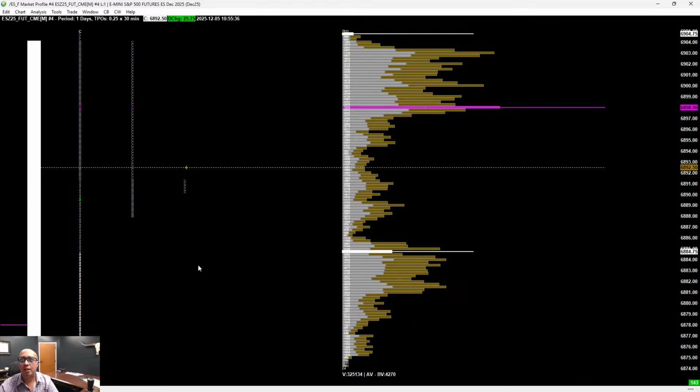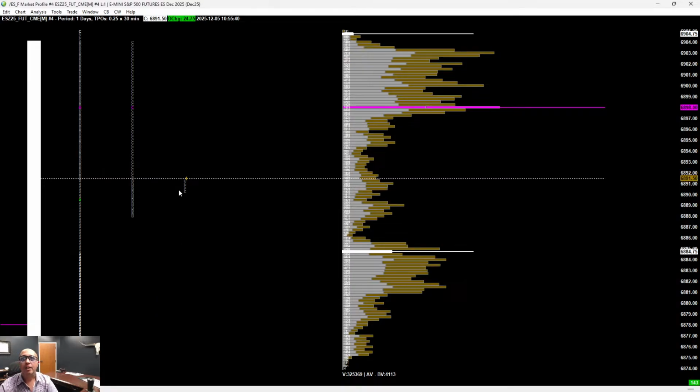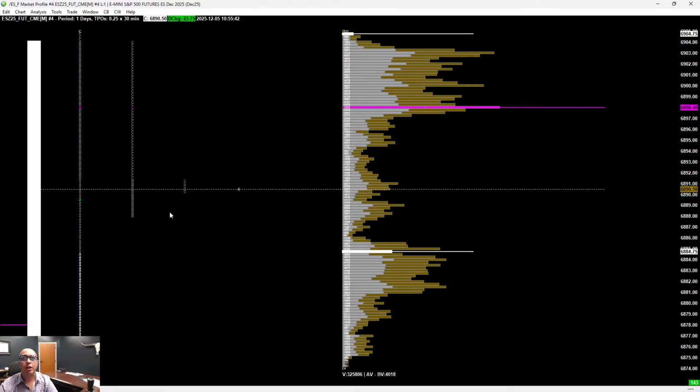So then again, we're coming in. This already looks a little ugly, right, because we don't have those single prints. We're going to open up. So this is already failing to look like an ignition bar, right? Because what did I tell you the look should be on this chart?